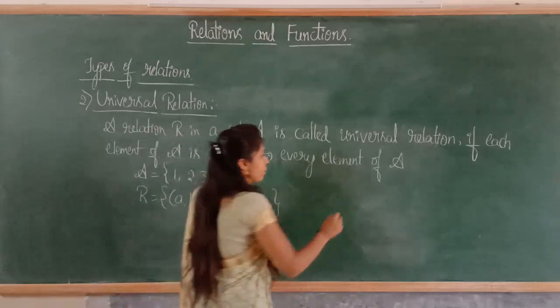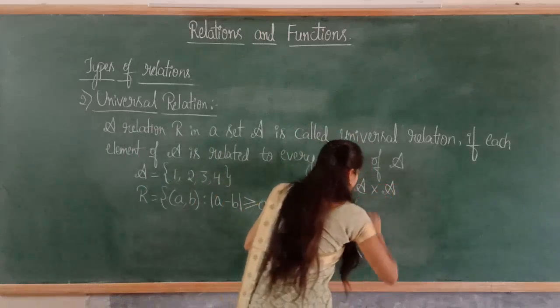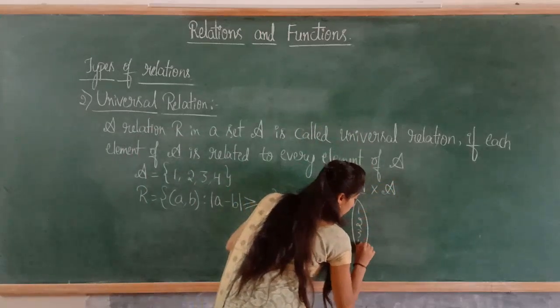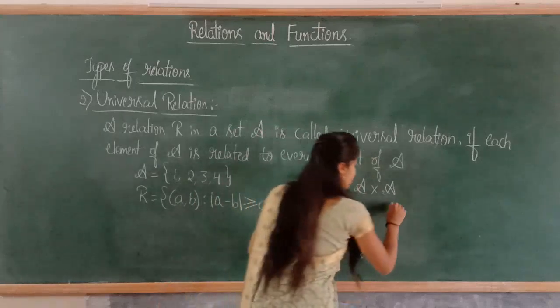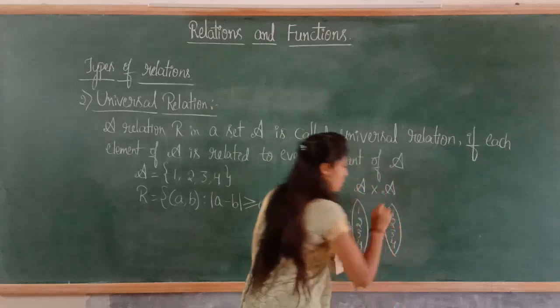You can take one more, or you see here A cross A relation here. In set A, 1, 2, 3, 4 elements are there.